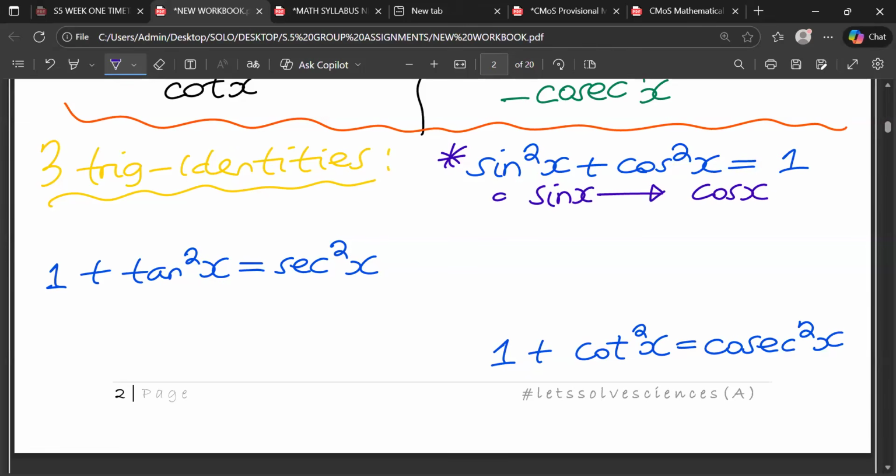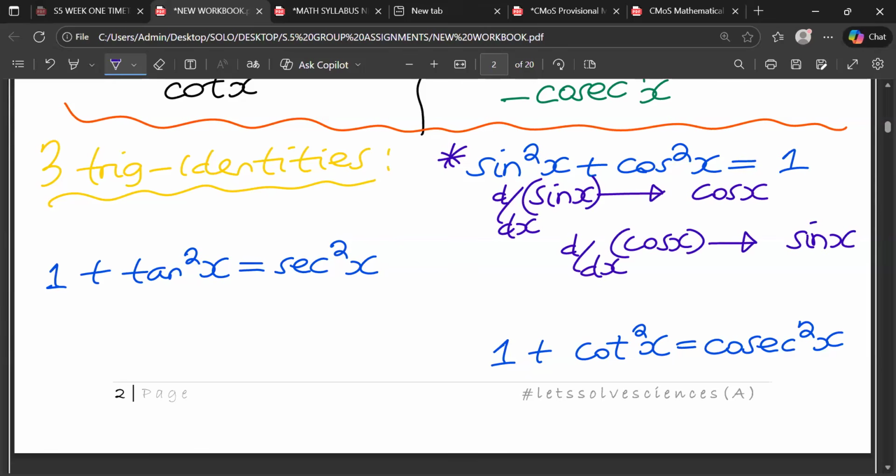Of course, here we mean differentiating. If I want to differentiate cos, I'll be getting sine. Remember, it is a negative, but let's wait.